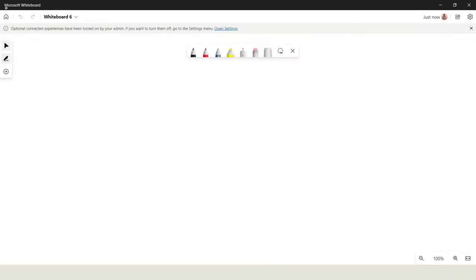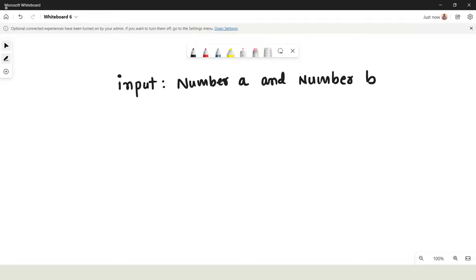Okay. For this, what should be the input? Two numbers, A and B, right? What should be the output?